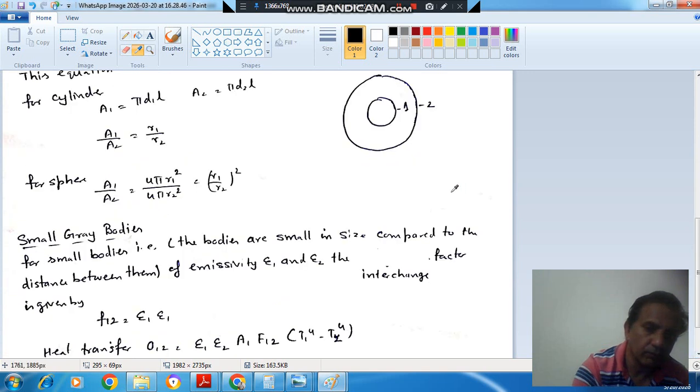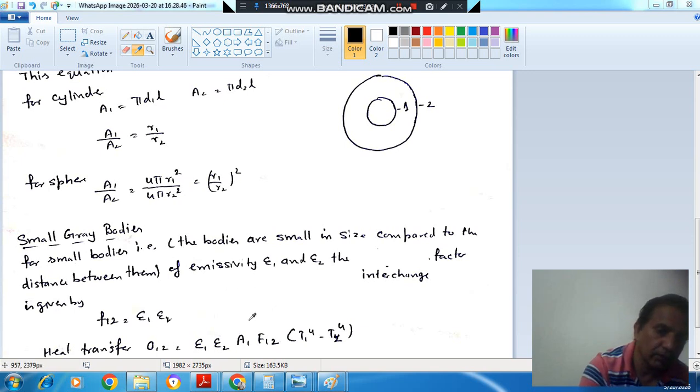So now for small grey bodies, that are bodies whose size is small as compared to the distance between them, if they have emissivity epsilon 1 and epsilon 2, then their interchange factor is the multiplication of these two, and the heat transfer formula then will be the interchange factor into area of body 1 into shape factor of body 1 with respect to 2 into T1^4 minus T2^4.